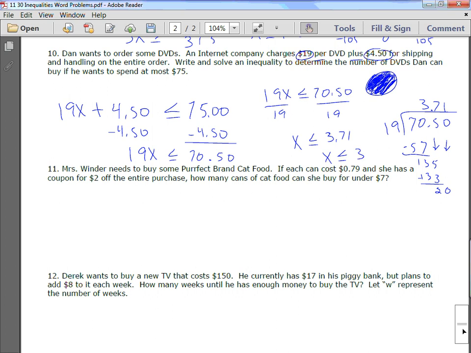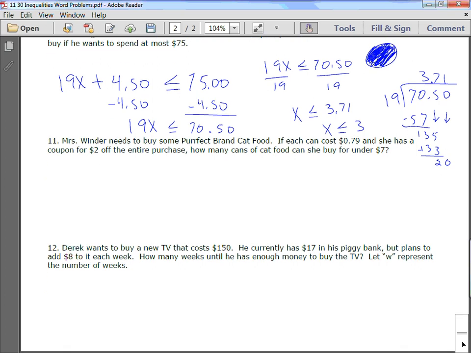Last 2. Mrs. Winder needs to buy some perfect brand cat food. Each can costs 79 cents, and she has a coupon for $2 off the entire purchase. How many cans of cat food can she buy for under $7?